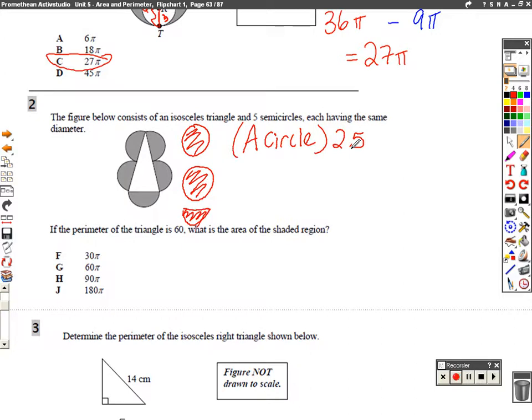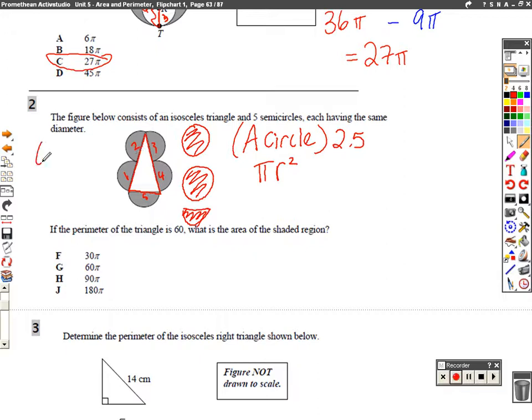All right, so the hard part is, since we need the area of the circle, that's pi times r squared. Our hard part is finding r. So now we know all the way around the outside is 60. Well, we have 1, 2, 3, 4, 5 diameters that go around the outside of this triangle.